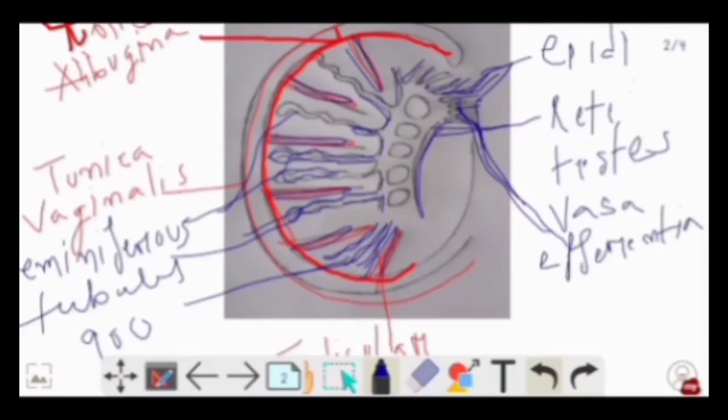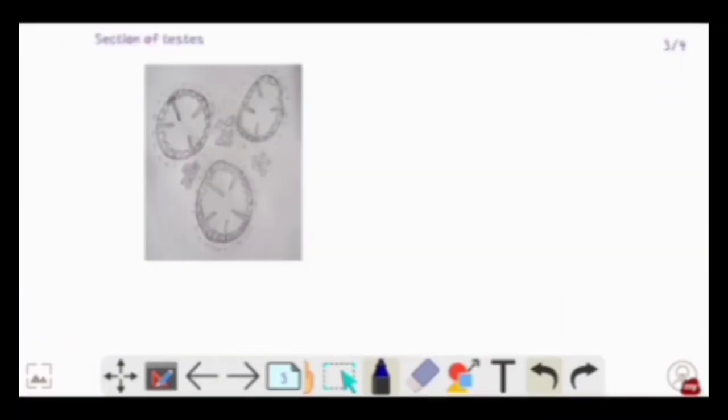Now, let us take a section of this so that we understand what is actually happening in the seminiferous tubules. When we take the section, there would be many seminiferous tubules, and we would see these cut seminiferous tubules here.